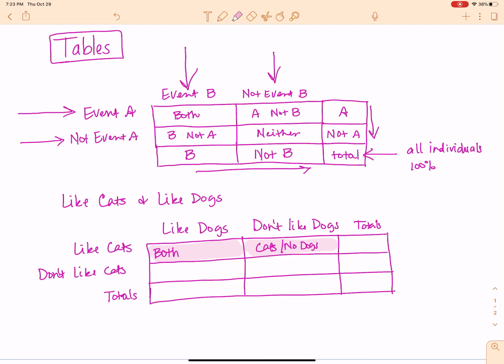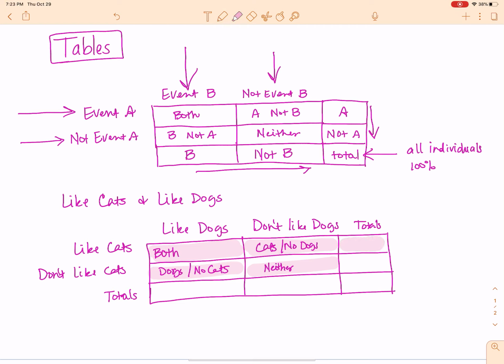People in this category, they like dogs, but they don't like cats. And then people in this category right here, neither one. They're having none of it. They're fish people or bird people, whatever.